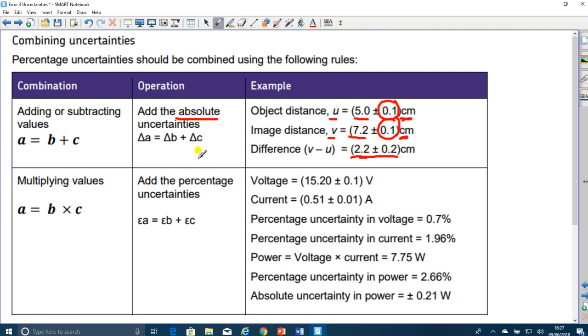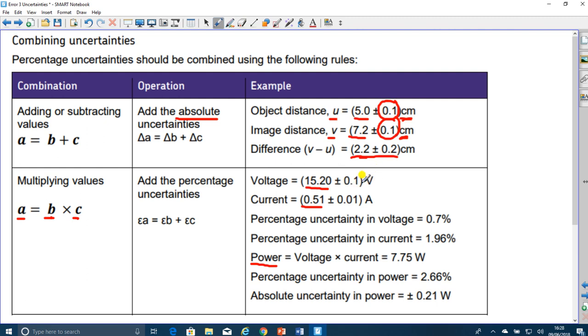However, if we're going to multiply values, so in this case A equals B times C, so we can see here we've got V and I. We seem to be multiplying V and I, so we must be calculating power. Here, we have to work out each one as a percentage uncertainty first.